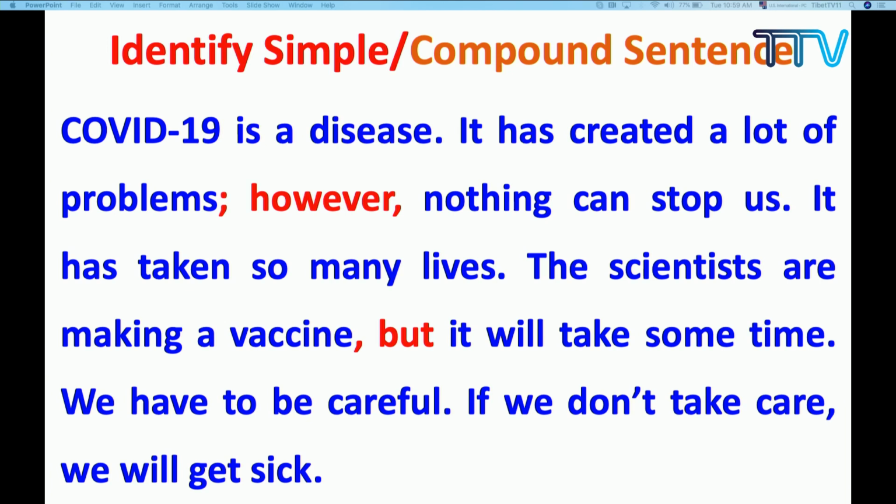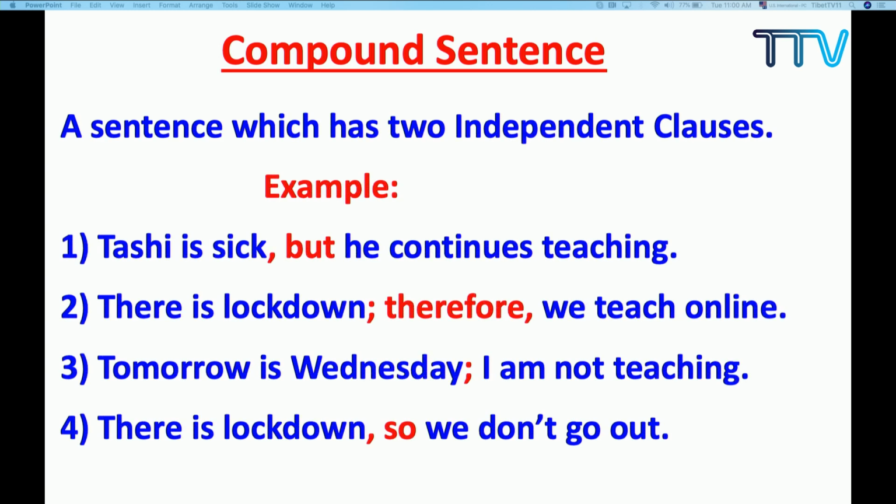COVID-19 is a disease. Now here there are some connectors like the words however and but. These are the connectors. What is a compound sentence? A sentence which has two independent clauses. Example: Tashi is sick, but he continues teaching.